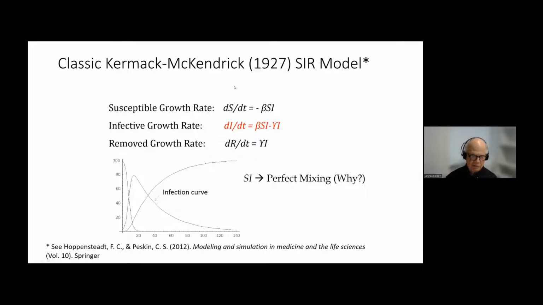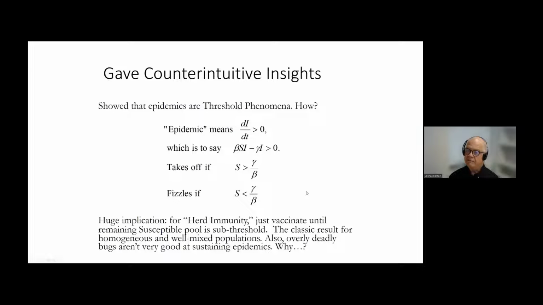The susceptible curve falls, the infective curve rises because people are transferring from the susceptible to the infected pool, and then they leave the infected pool for the removed pool, okay? And it gave very counterintuitive insights at the time. I mean, it showed for the first time really rigorously that epidemics are threshold phenomena. Why? Because what does it mean to say there's an epidemic?